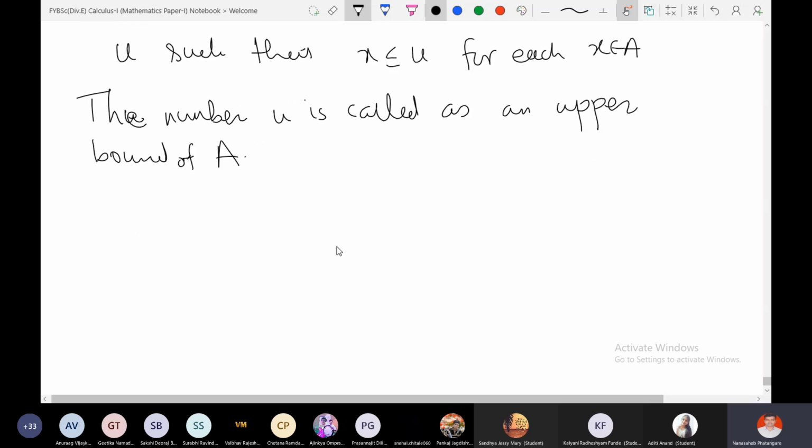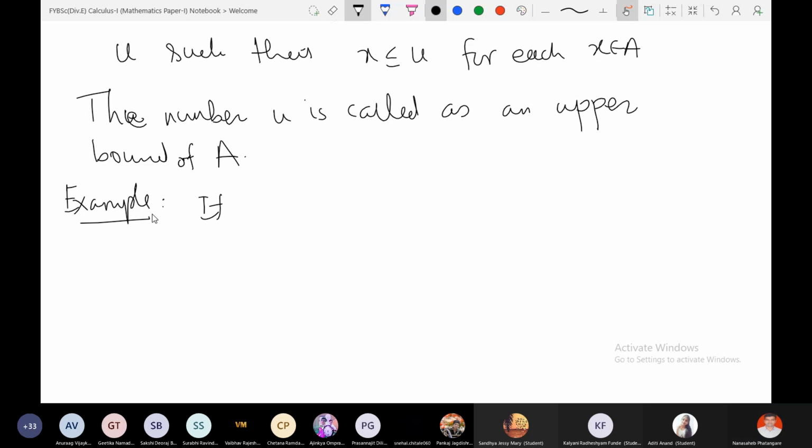So for example, if A is equal to {1, 2, 3, 4}. Now can you tell me a real number which is an upper bound of this set? 4.